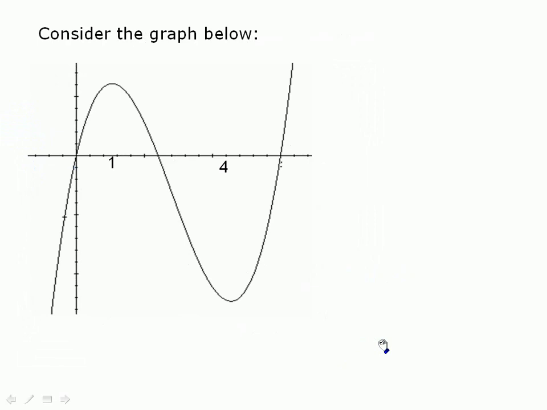Then if you were to consider this function below, if we were to analyze the intervals and where this thing is increasing or decreasing, just going to mark these points. In the interval negative infinity to 1, let's say, non-inclusive, we would say that the graph is increasing.